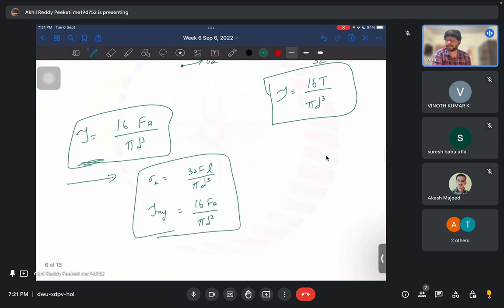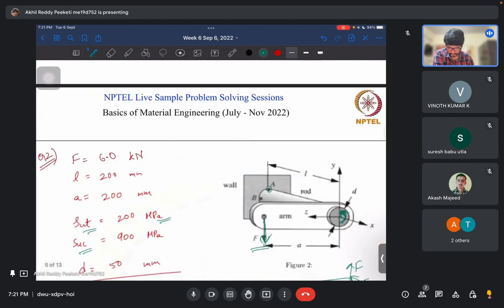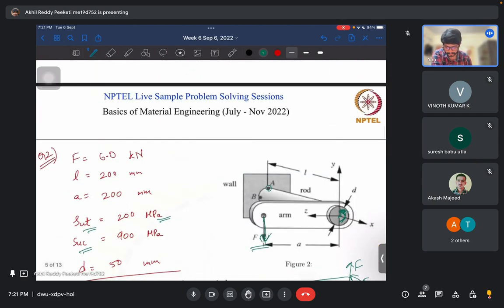So if you plug in the numbers, what were the numbers which I have given? I have given force as 6 kilonewtons, L is 200 mm, A is 200 mm, and diameter is 50 mm.